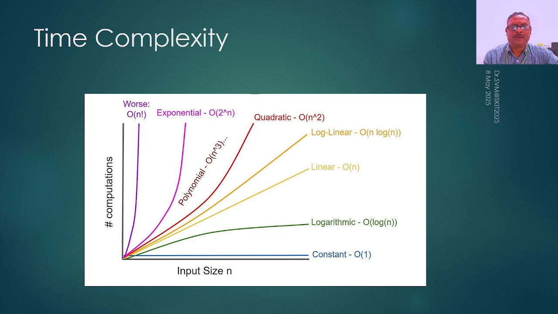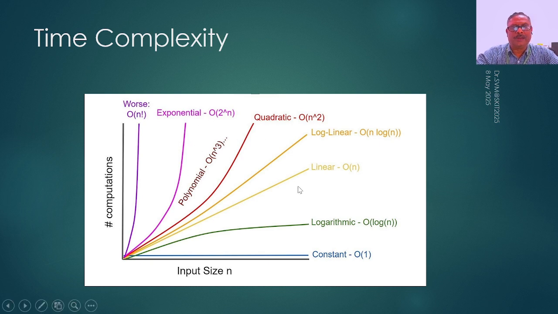Some algorithms will take logarithmic complexity. So as the size of the input n is increasing, the computation increases logarithmically. So it is called order of log n. There are some cases where it increases linearly, then log linear, then quadratic, then exponential. The worst case is factorial.